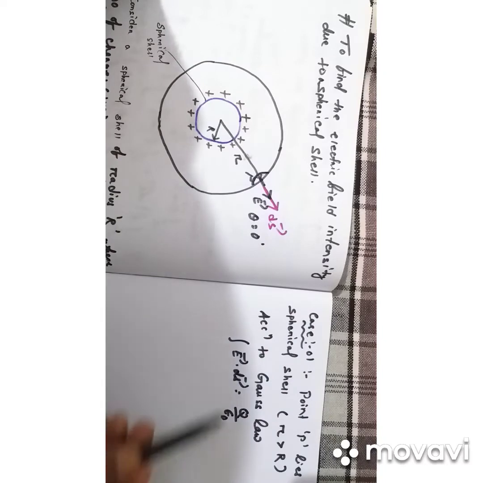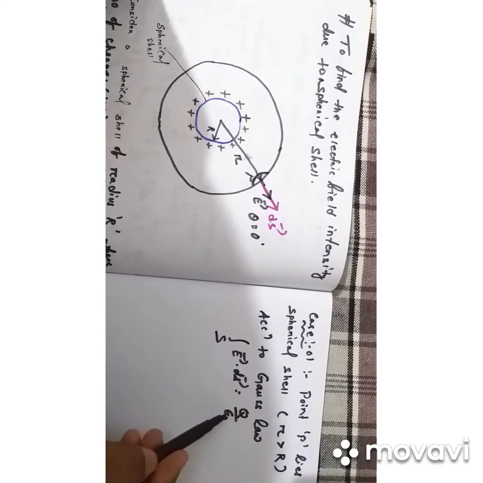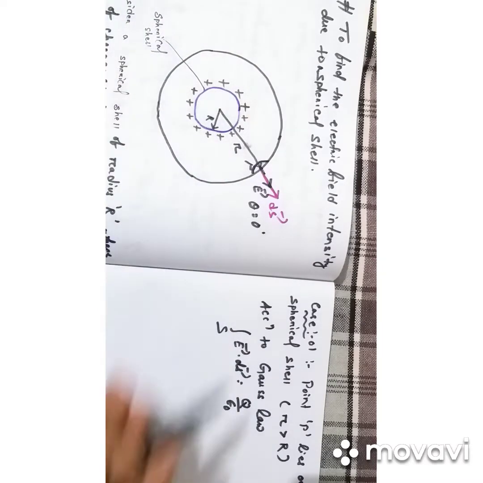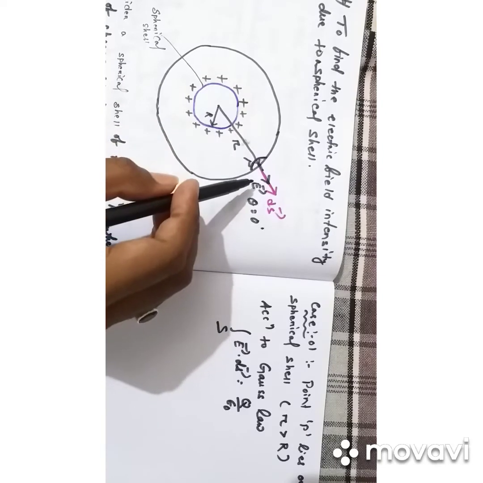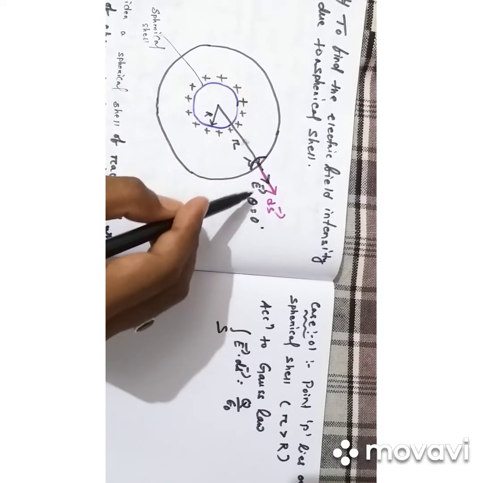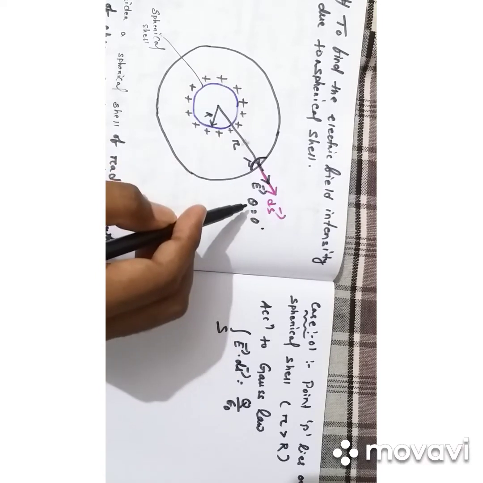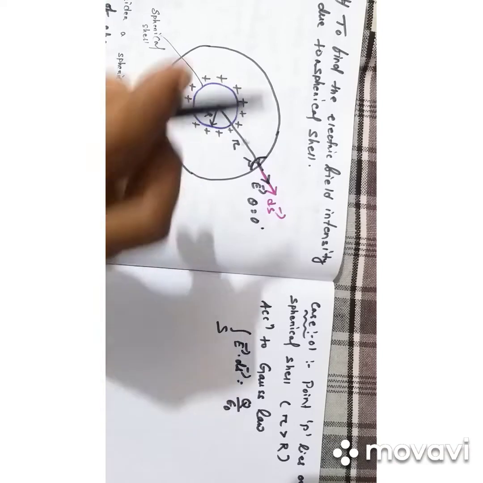That means the total flux linked to a surface is equal to 1 by epsilon naught times the total charge enclosed by that surface. Here the point P lies outside the spherical shell. In that diagram, the electric field intensity and the area vector are in the same direction, at an angle of 0 degree.